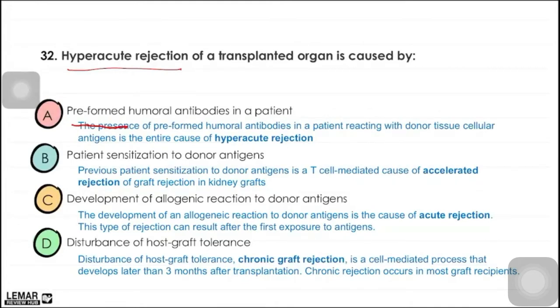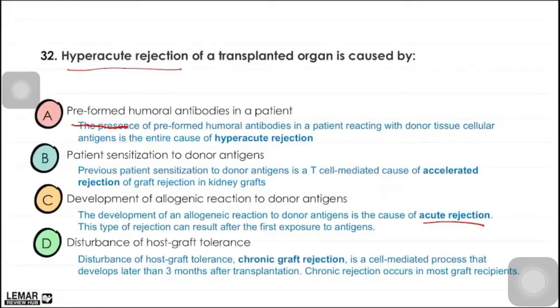Although the early process of rejection, equivalent to a first set allograft rejection in experimental animals, is mediated by T cell, later rejection may involve antibodies and complement, possibly antibody cell-mediated cytotoxicity. So, naalala nyo kanina, we have two types of acute rejection, the humoral and the cellular.